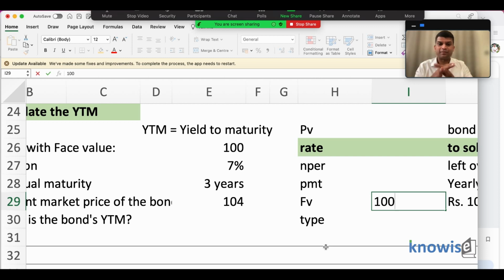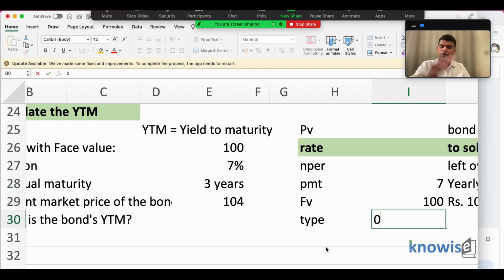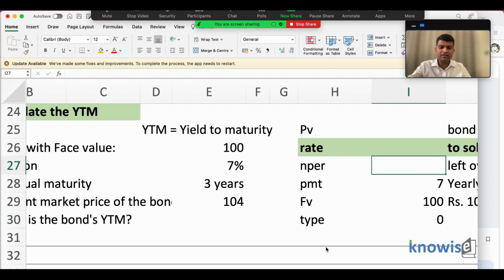That is 100. Now, what is my interest amount? My interest amount is 7 rupees. And type is always 0. Like I said, in bond valuation, by default, you put the type as 0, and NPER is 3 years, and the present value of the bond is 104.